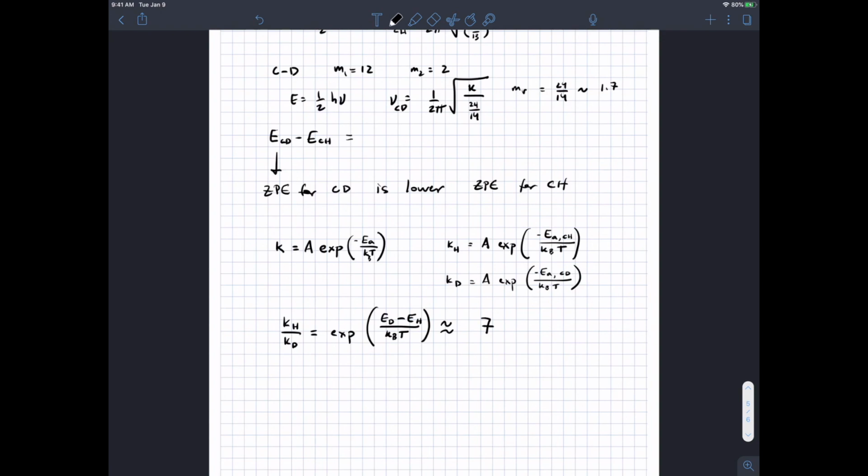So for a process where a CH bond is completely broken in the transition state, we can expect a maximum kinetic isotope effect, that is a maximum ratio of reaction rates for hydrogen versus deuterium, of about 7. Your book says 6.5, 7 is easier to remember. Okay? And that's all based on the fact that heavier springs vibrate slower and with lower energy.